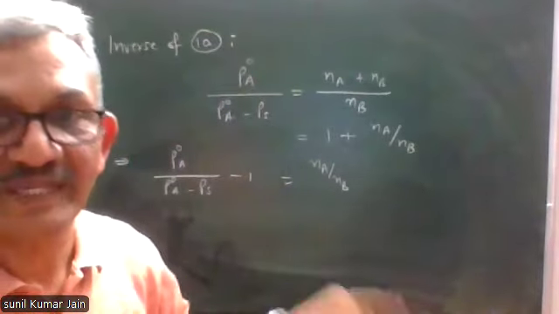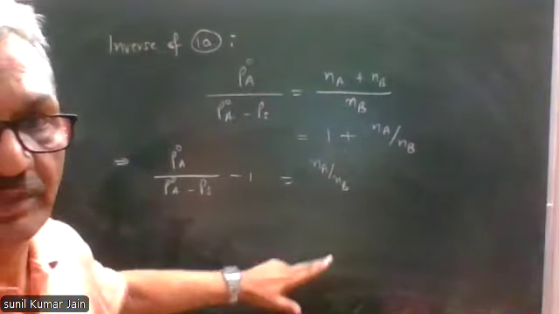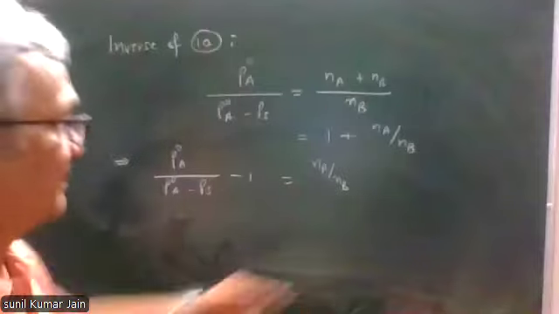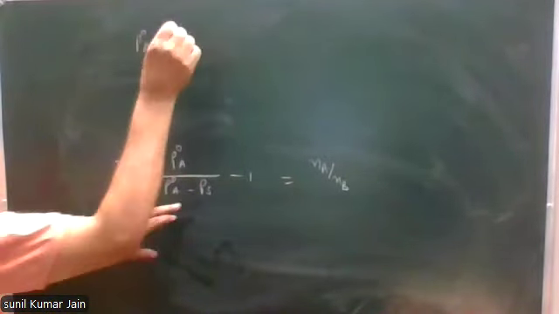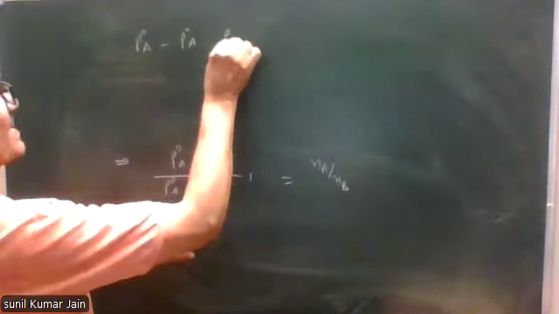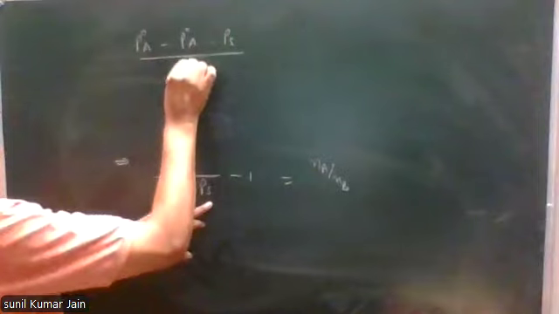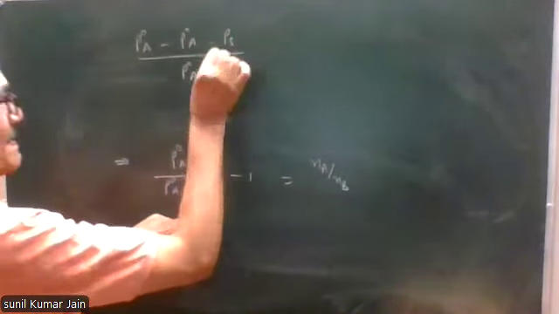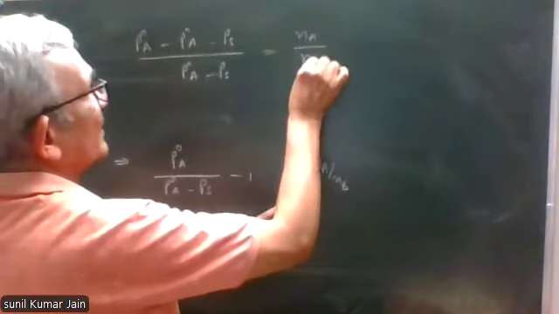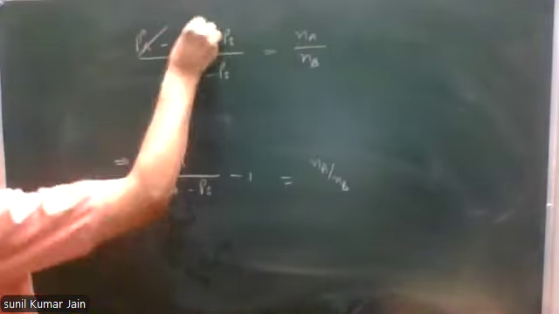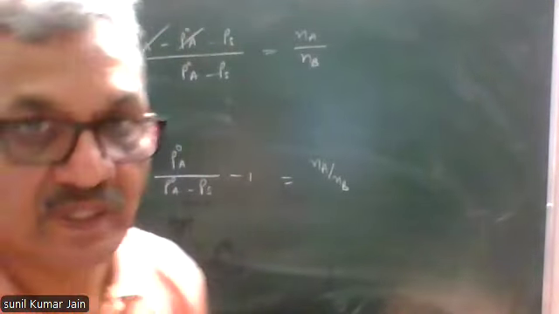I'll have to rub again and again because you'll not be able to read below this point, right? Now I'm writing above. So this is P0A minus P0A minus PS divided by P0A minus PS is equal to Na divided by Nb. Sir, there will be plus PS in the numerator.